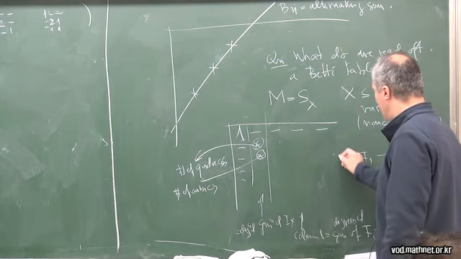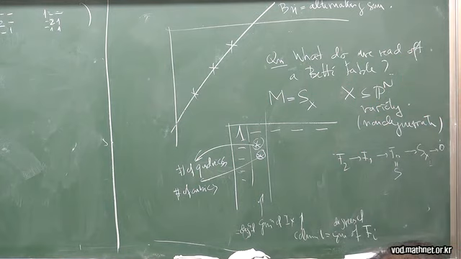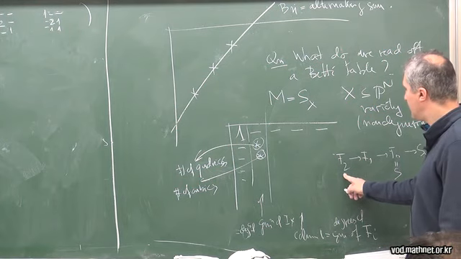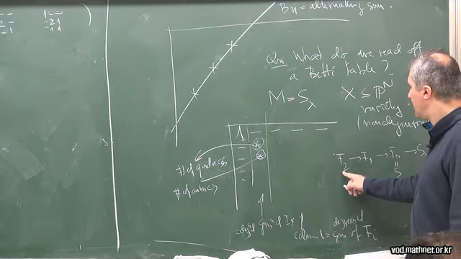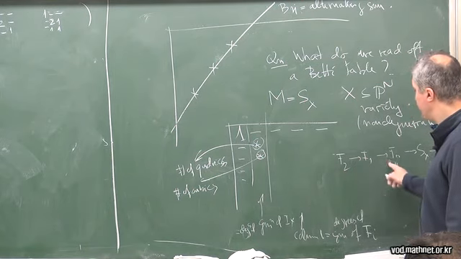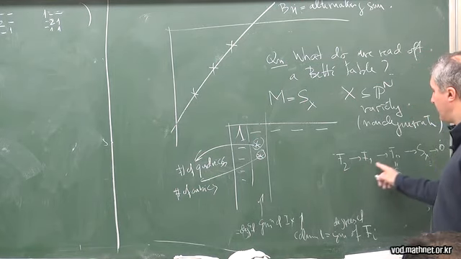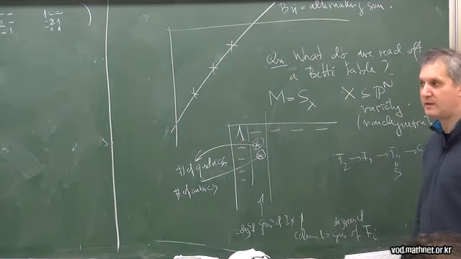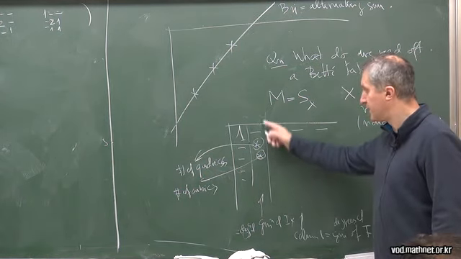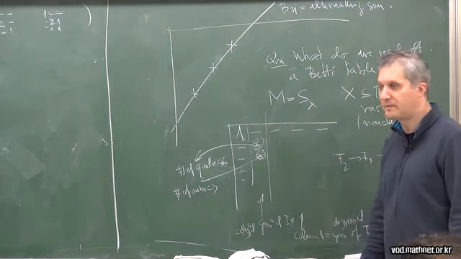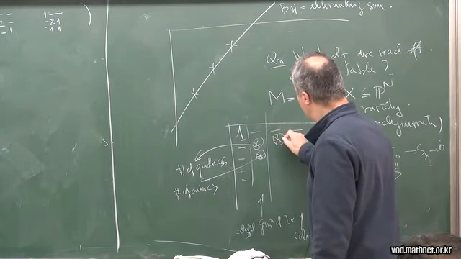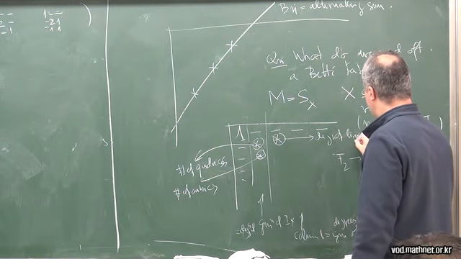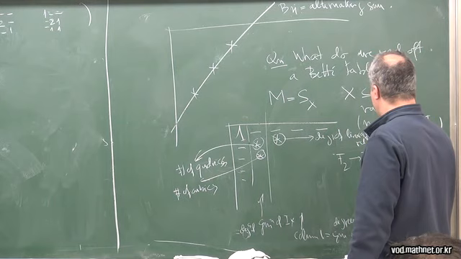And then we move to the next one. On the next column, we go one more step. So we read the degrees of the generators of F2. But what are the generators of F2? They give the elements of the kernel of this map. So this means that on this column we read the degrees of the relations among the generators of the ideal. So here we read the degree of linear relations among the quadrics.